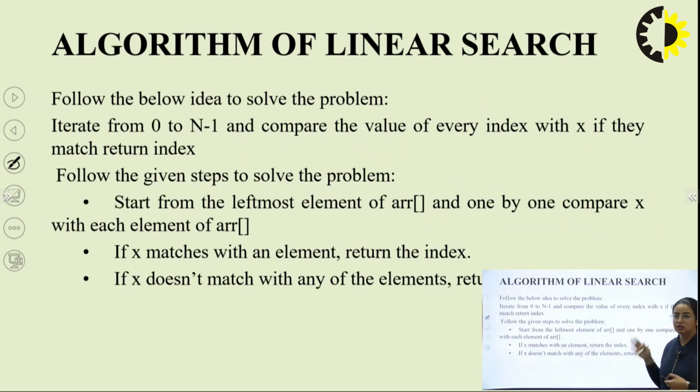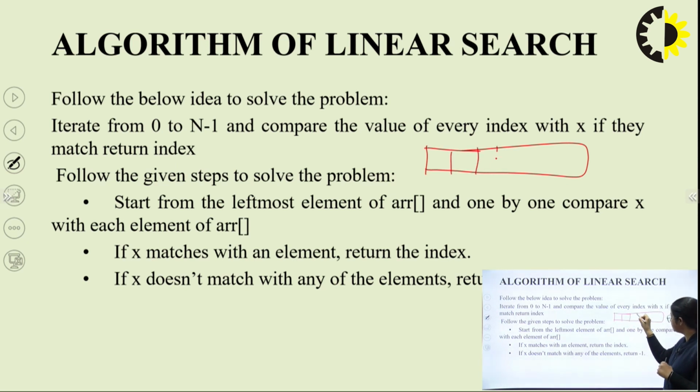So let's see the algorithm for this linear search. First, we have to iterate the loop from 0 to n-1. Suppose this is the array, with indexing starting from 0, and the elements are 1, 2, 5, 6, 8, 3. Searching starts from this position until we get the element.